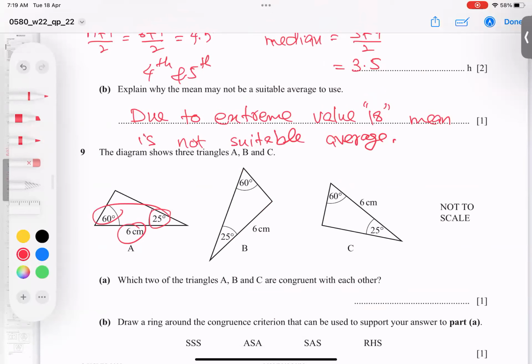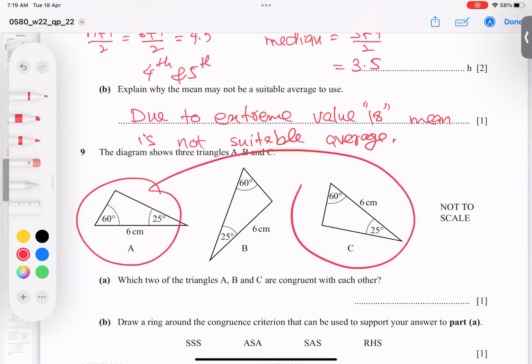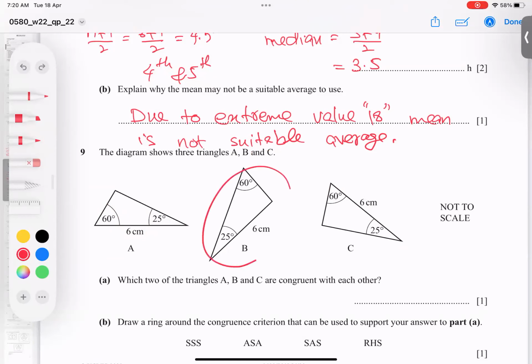But it doesn't happen here. 60, 25: this 6 must be here, but it's not like that. But what about this one? 25, 6, and this 6 in the middle, yes. So it means congruency is applicable to A and C. This is not congruent with that, okay? All right, so you can say that shape A and shape C.